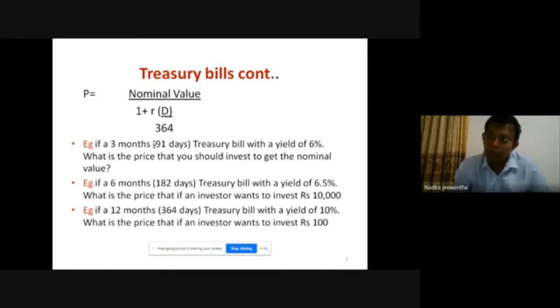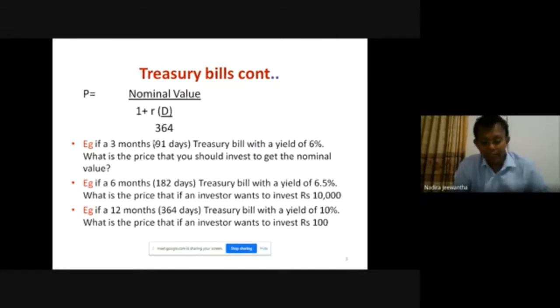Original or remaining? Remember very well, the remaining maturity date. Why are we dividing by 364? Why not 365? This is a treasury bill, so basically we should divide by 364. Not 365.